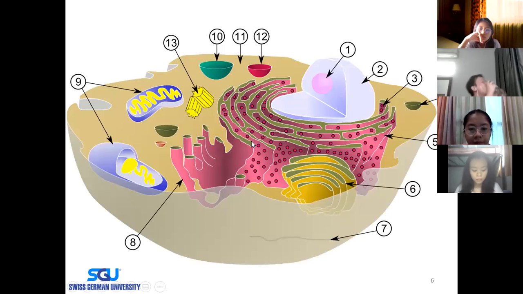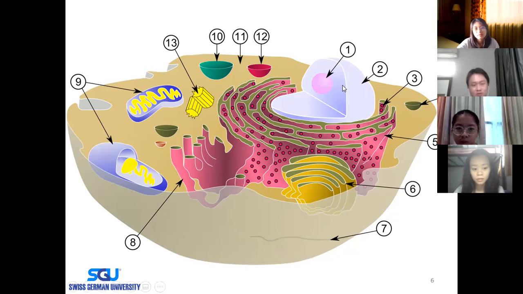So these are the structures of the cell. What is number one? Nucleus. Remember, still remember from last semester? Nucleolus. Number two?